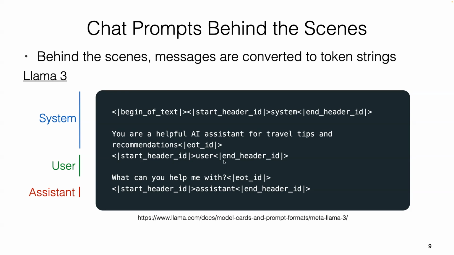Over here is the user message, and then here's the start of the assistant message. Okay, so if you give this to the model, it's going to just complete the text from left to right. So if it completes this text, it's essentially starting to generate an assistant message, which is a response.